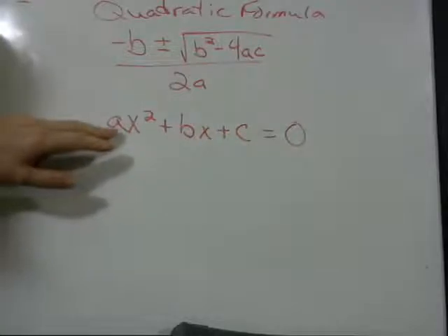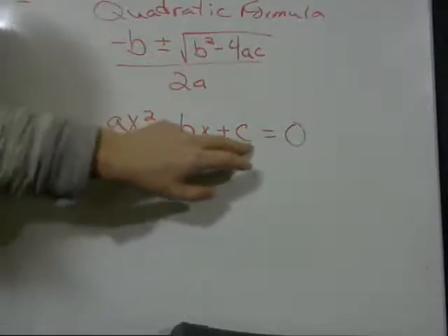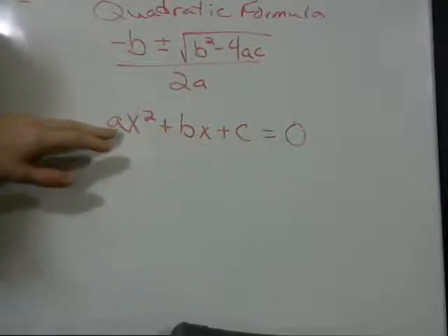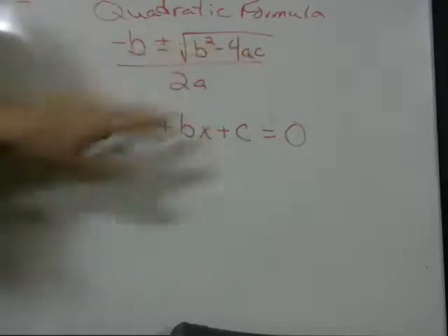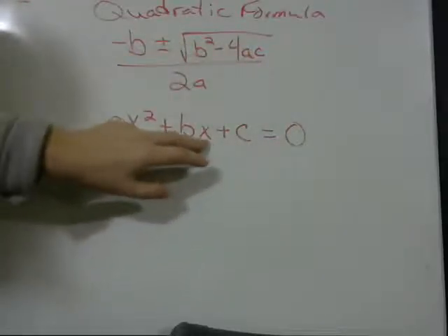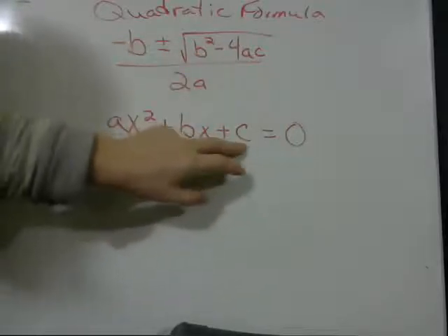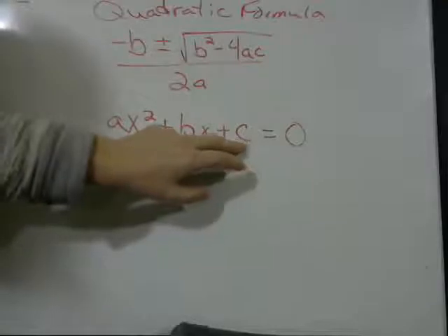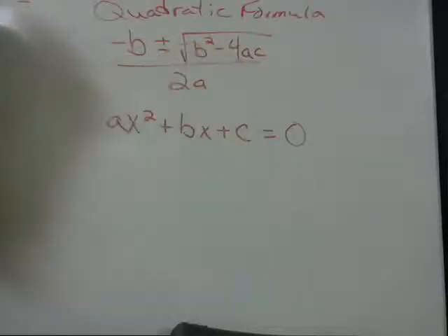There's going to be a number times x squared plus a number times x plus a number. So a is always the number in front of the x squared. B is whatever number's in front of the x, so this b and that b come from this number. And c is just a number, with no x or anything beside it. And that's what goes in there.